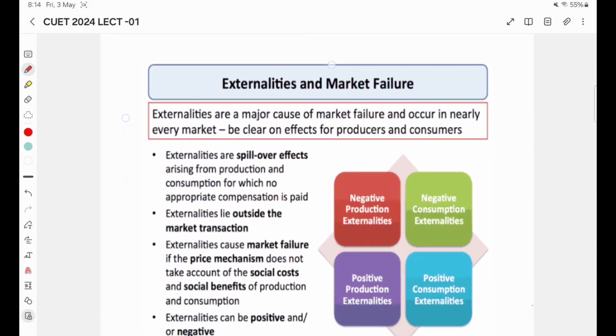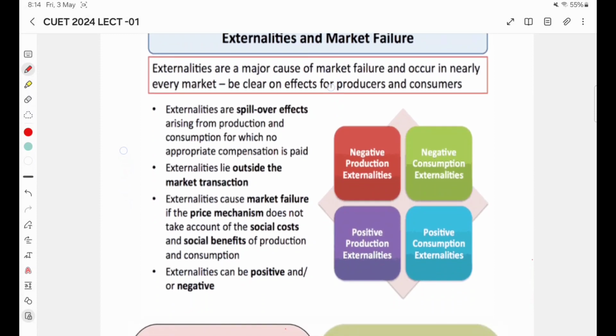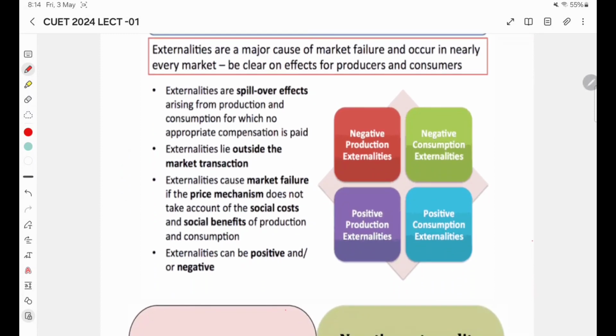Externalities and market failure. So what do you mean by externality? Externality simply means that if a person is producing or consuming something and that affects a third party, it is called an externality. Externalities are spillover effects arising from production or consumption for which no appropriate compensation is paid.